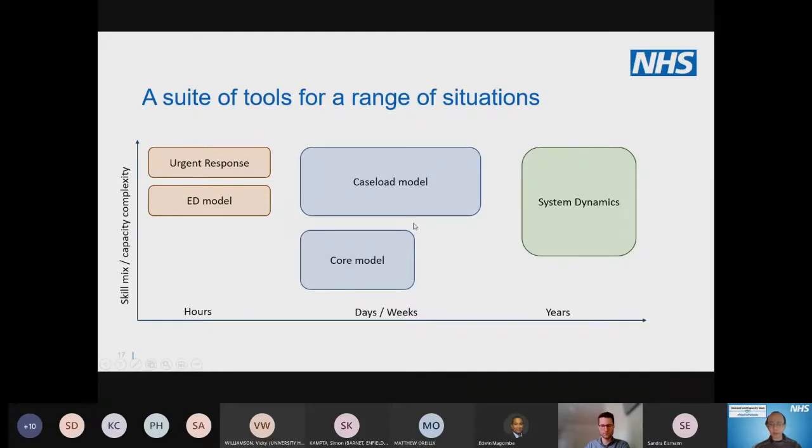You've got days and weeks for the caseload model and core model, and at the much more strategic end, we've got system dynamics that can look ahead in terms of years. And in terms of the complexity of the skill mix or the capacity that you need to put in, the core model is the straightforward one to work with, and then you can stack up into much more significant levels of complexity when you're looking at individual skill mixes and such like.